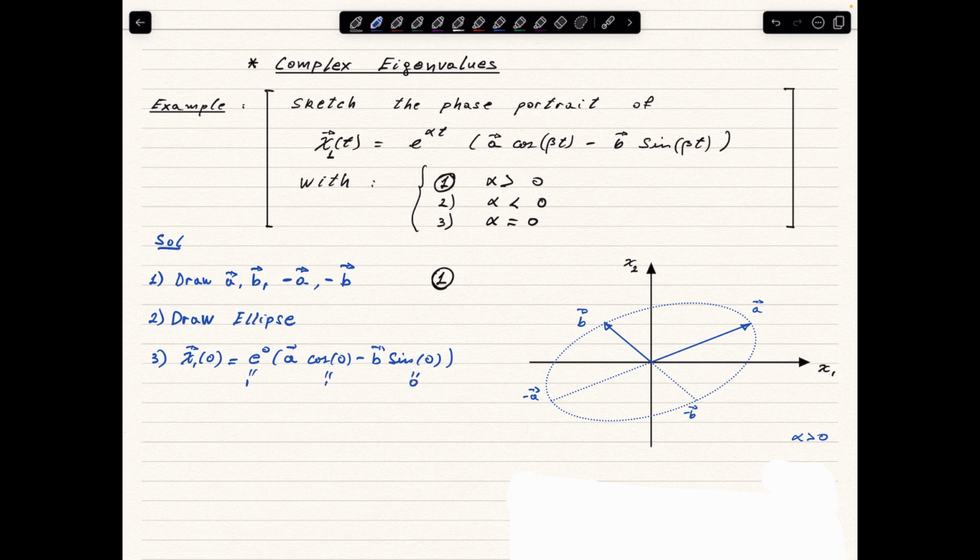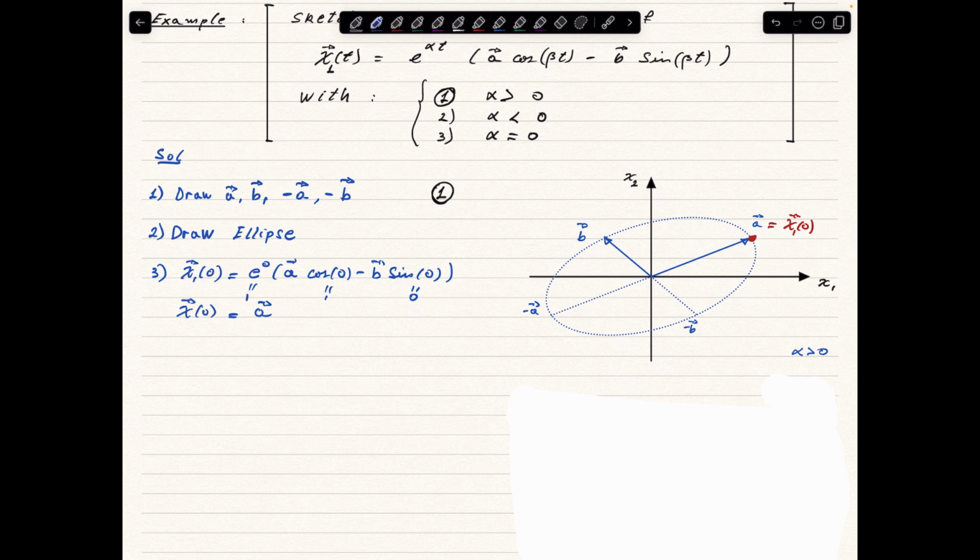So we end up with x at 0 always being A. No matter what the values of the parameters in our problem are, we are going to end up with this point, which is the solution 1 at 0. It's always there. Okay, good. So what do we do now? Now we compute the solution at one more point, and we are done.